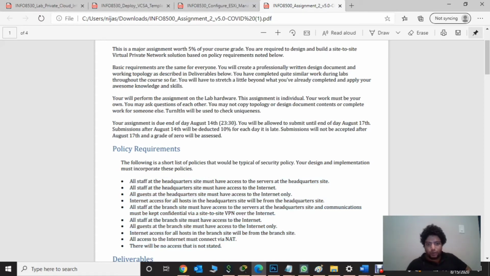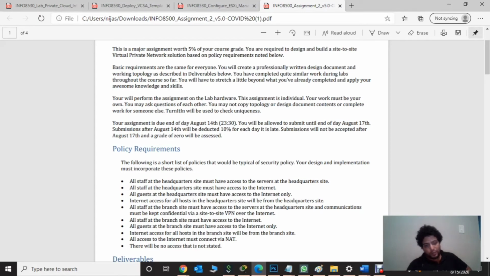So let's start off with the policies that allow access. There are policies that allow access, and there are policies that deny access.